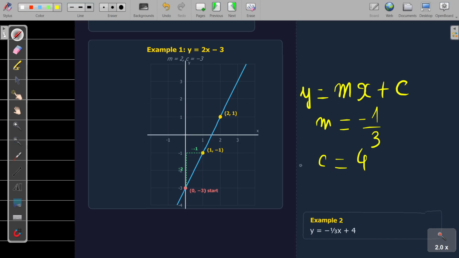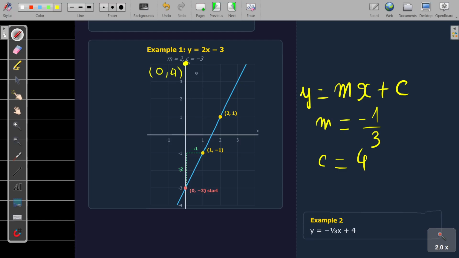Now I'm starting with a positive number instead of a negative number. I just need to plot 4 up here. That will be my first point. This is going to be 0, 4, because it's 0 on the x-axis and 4 on the y-axis.